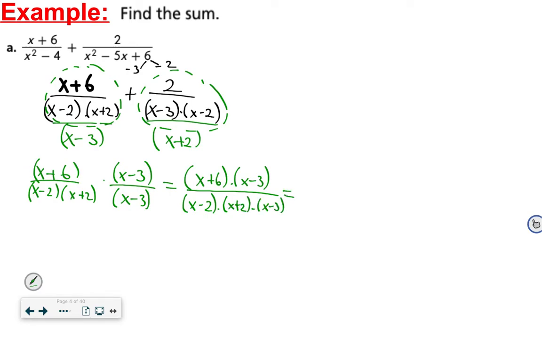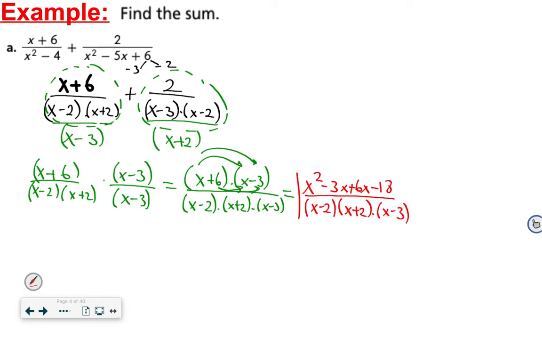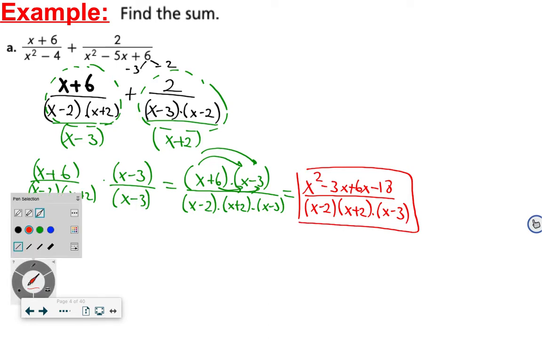If we distribute this expression into the second parenthesis, you are going to get x squared minus 3x plus 6x minus 18 over x minus 2 times x plus 2 times x minus 3. So this is the equivalent fraction of the first fraction.